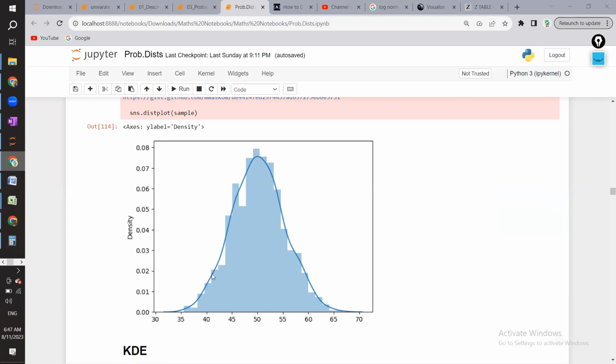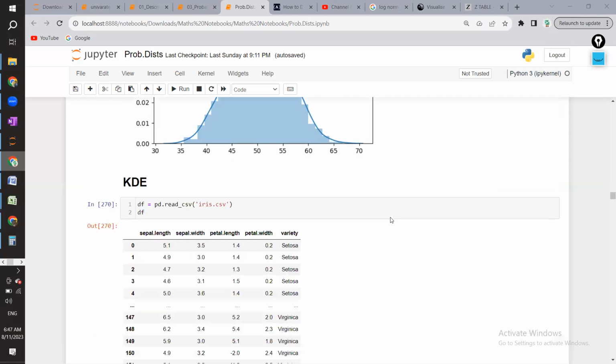You can see slight fluctuations, small ups and downs. That means it's not 100% normal. There is some degree of skewness, because even in real life it is very difficult to find a 100% perfect normal distribution. There will be some fluctuations.